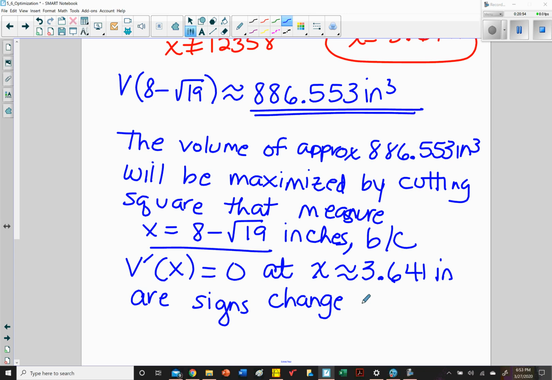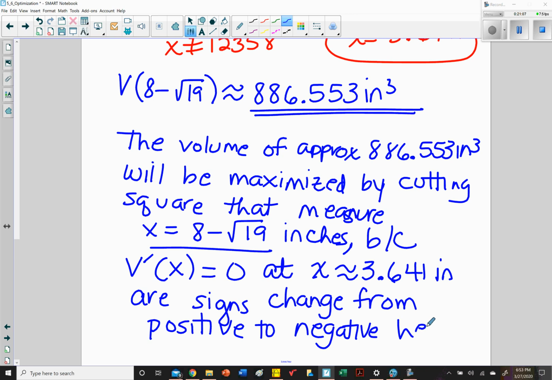We know that's going to happen. Signs change from positive to negative here. Whew, that was a big one.